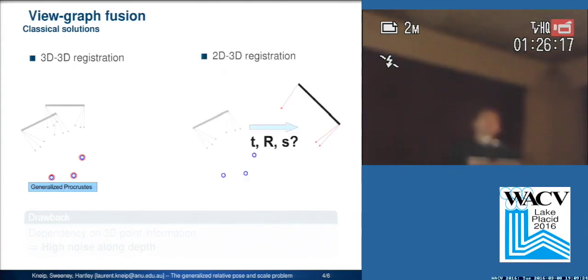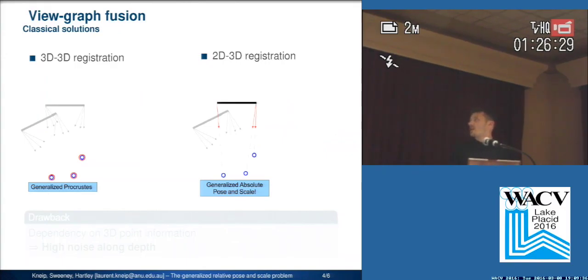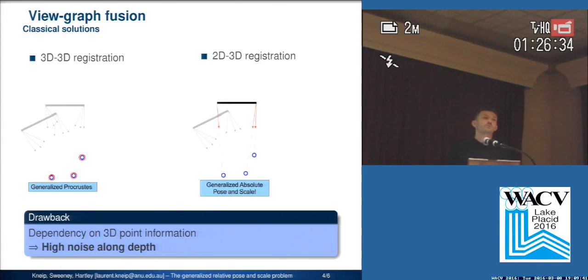It has also been approached as a 2D-3D registration problem, where you have 3D points and 2D measures, and you try to align these two sets of points. This is called generalized absolute pose and scale. The main problem of these approaches is that they rely on 3D points, and this suffers from noise along the depth axis.